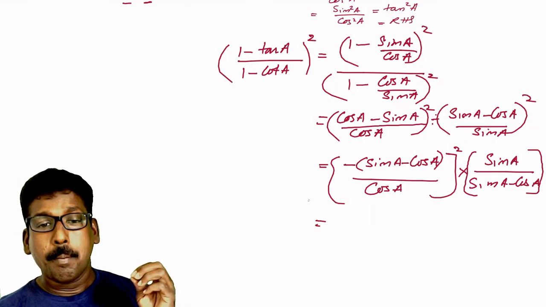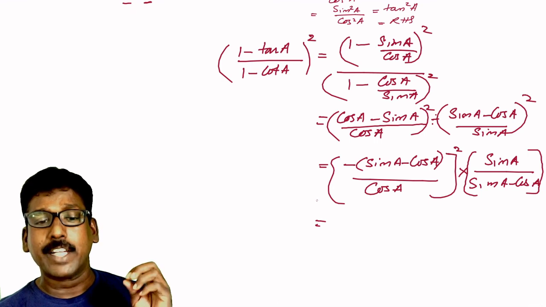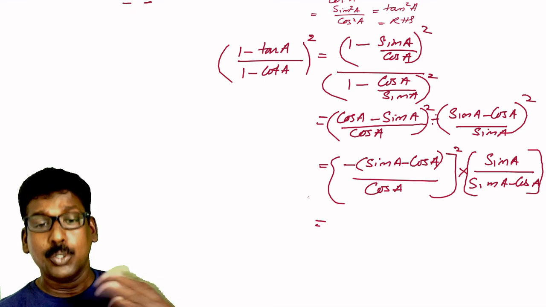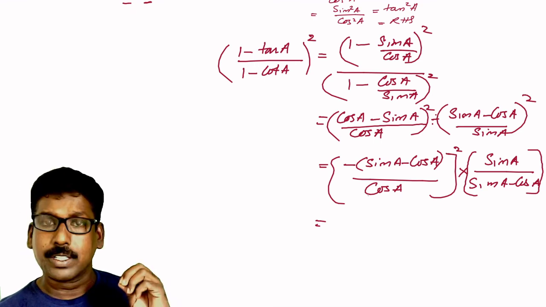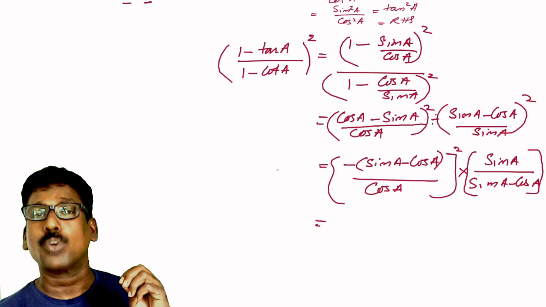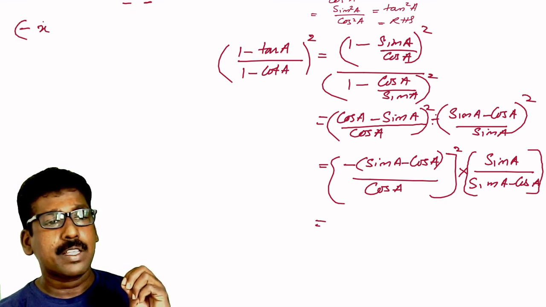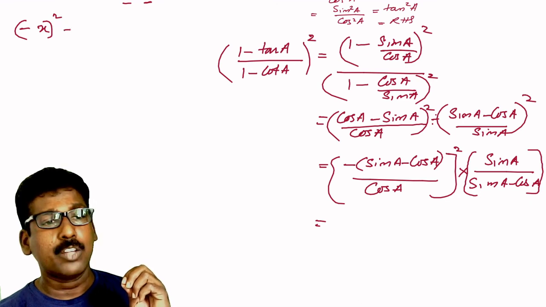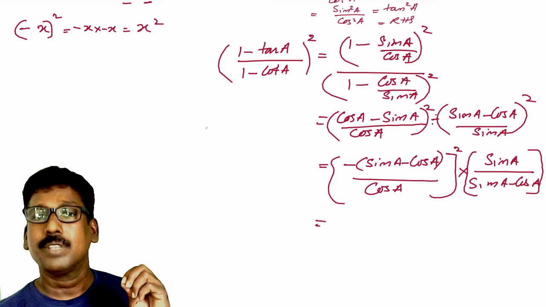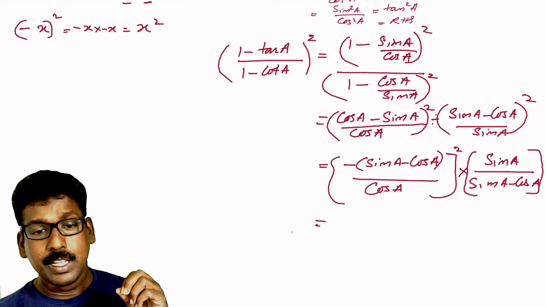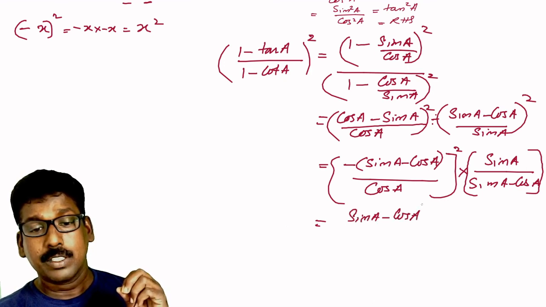Now minus of sin A minus cos A divided by cos A the whole square. You have to take both numerator and denominator square. So minus of sin A minus cos A the whole square, that is minus of x the whole square. What is the value? It is minus x into minus x, which is x square. Similarly, minus of sin A minus cos A the whole square is equal to sin A minus cos A the whole square.